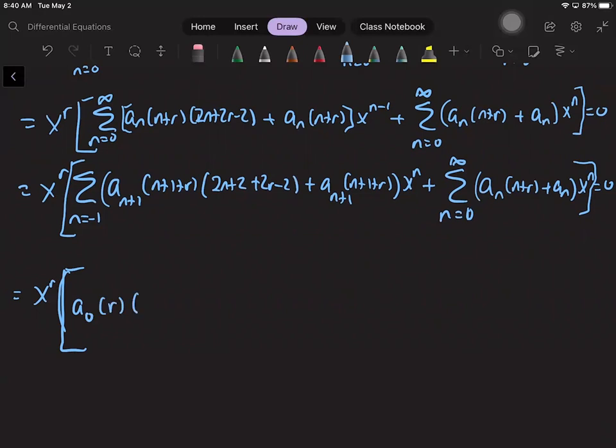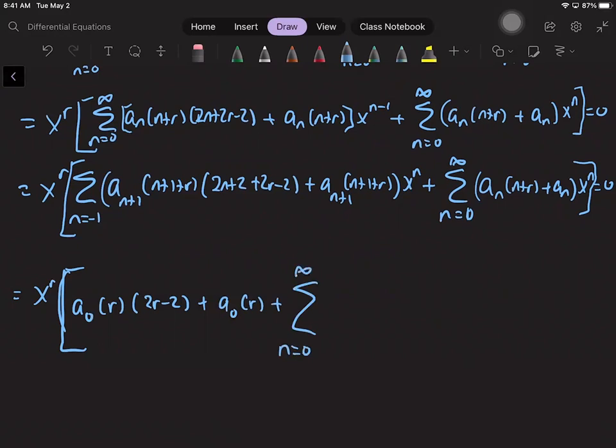Then those 2's minus 2's cancel. Then I plug in the -1, I get 2r minus 2. Then over here, I plug in -1, and I just get a0 again times r. Okay, and all of that is times x to the 0, which is 1, so I'm not going to even bother writing the x to the 0 this time. So now both series will start at 0.